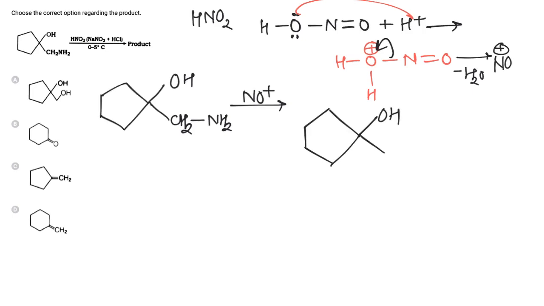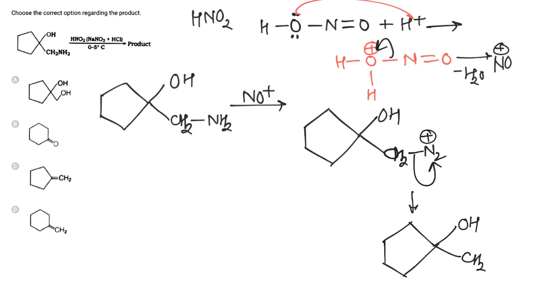Now NO positive will convert this NH2 into diazonium, OH CH2 N2 positive. Now this N2 positive is unstable, so nitrogen gas is eliminated and it will be converted to OH CH2 positive carbocation.